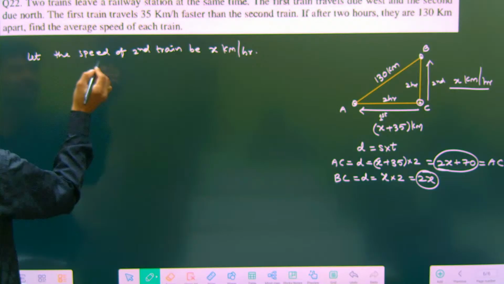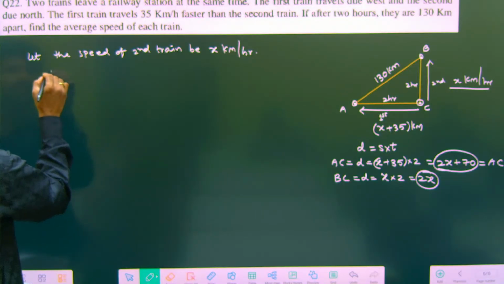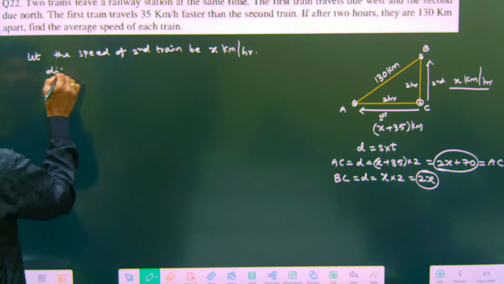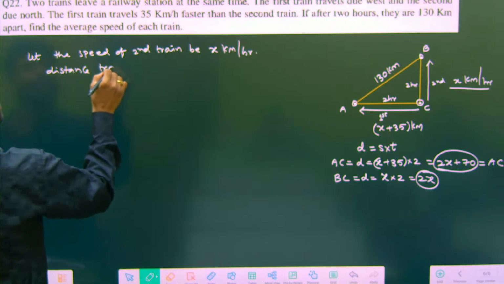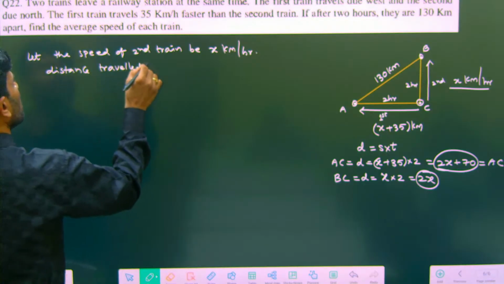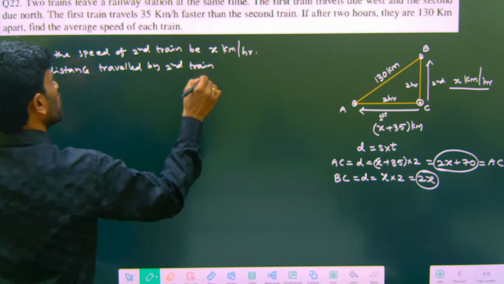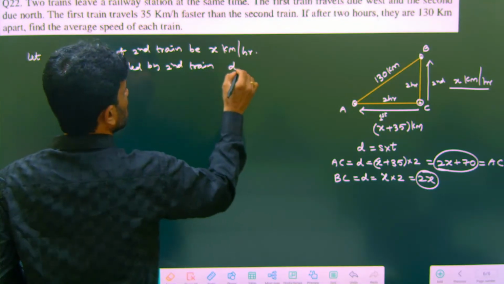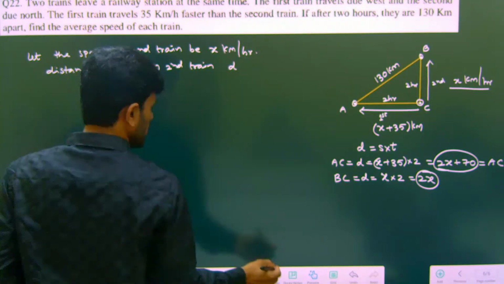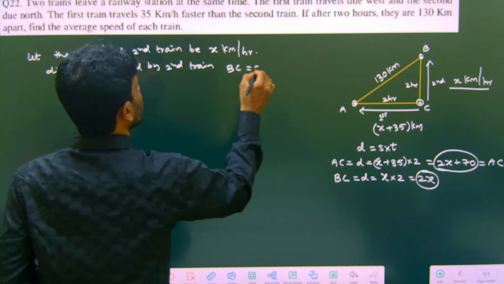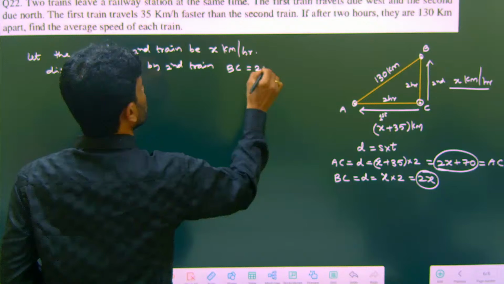Because time is 2 hours, the distance traveled by the second train, BC, is equal to 2 into x kilometers.